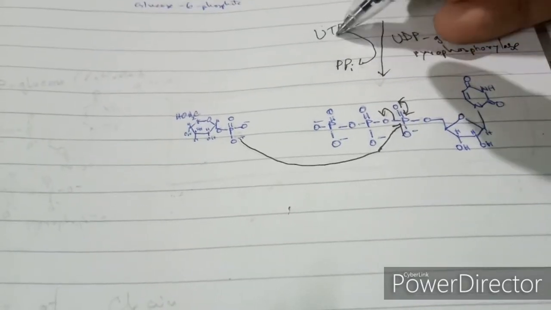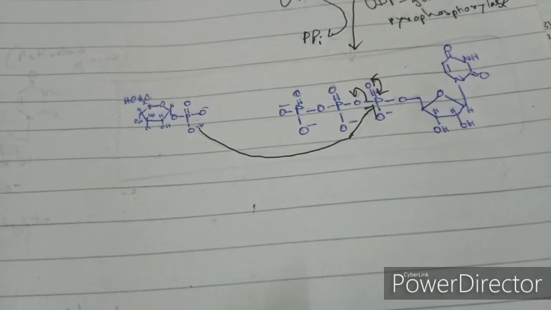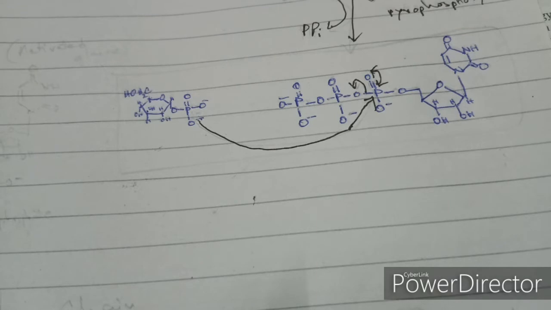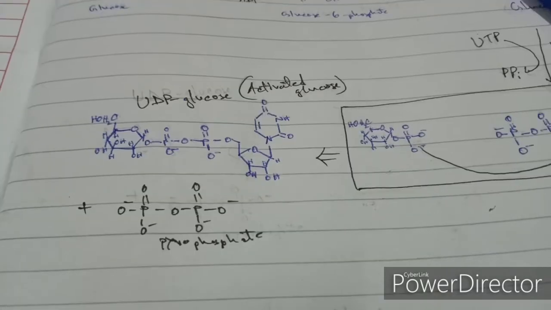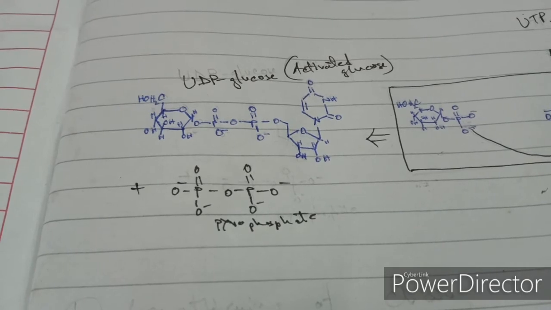This is shortened as PPi. This reaction pathway is not important from the exam point of view, but knowing this makes biochemistry interesting. And here we get the activated glucose, which is UDP glucose, and pyrophosphate.